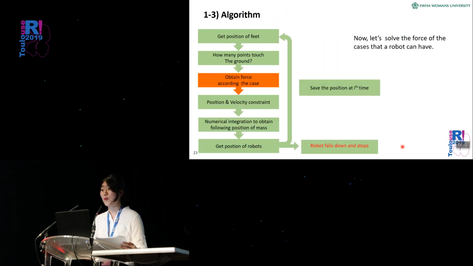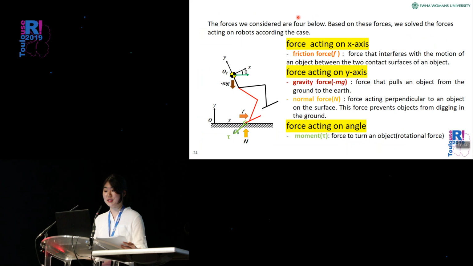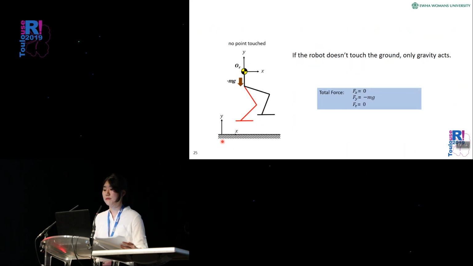Now let's solve the forces for each of the cases that robot can have. The forces we consider are friction force, gravity force, normal force, and moment. Based on the forces, we solve the forces acting on the robot according to the case. If robot doesn't touch the ground, only gravity acts.